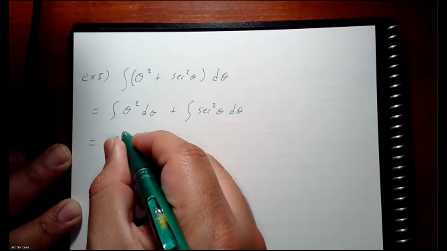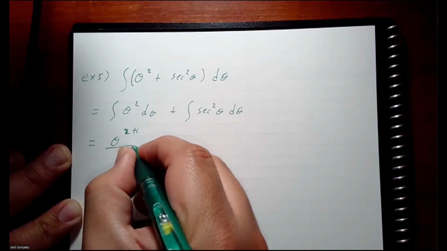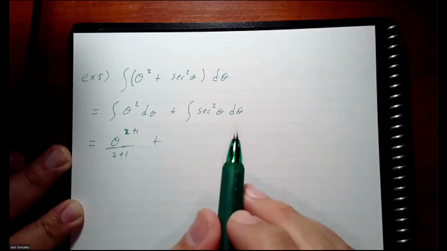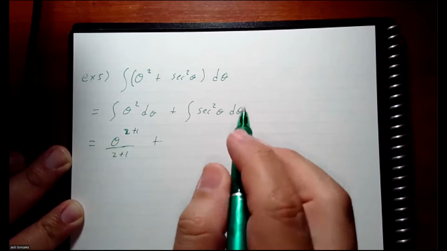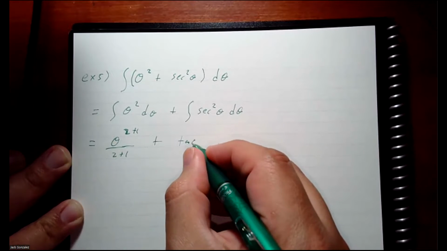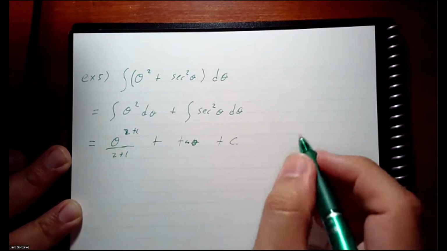It'll be theta to the 2 plus 1 over 2 plus 1, plus the antiderivative of secant squared, which is tangent, based on the formulas that I wrote.